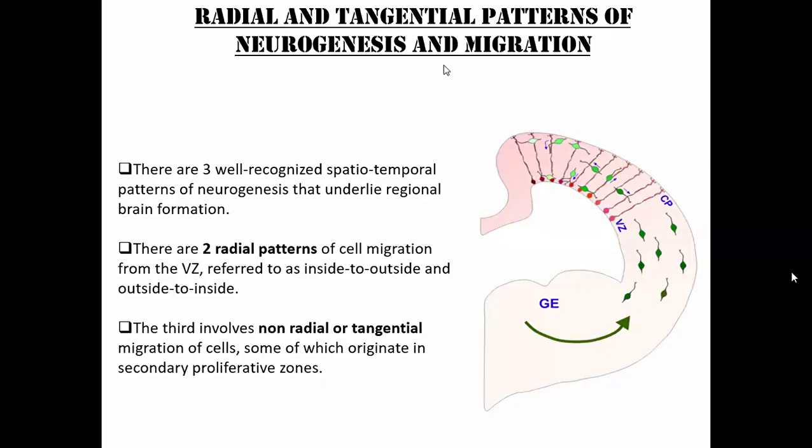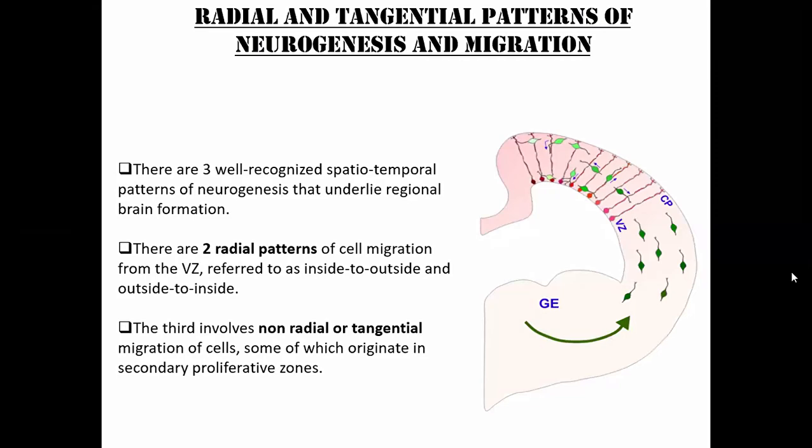So let's go to the migration of your nerves. There are 3 well-recognized spatiotemporal patterns of neurogenesis that underlie regional brain formation. You have 2 radial patterns.